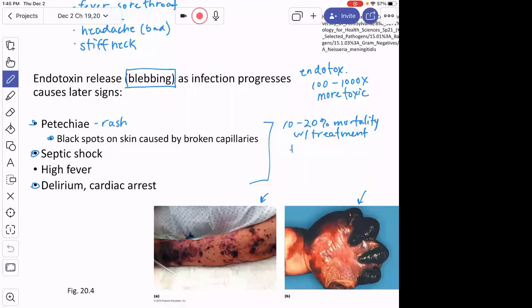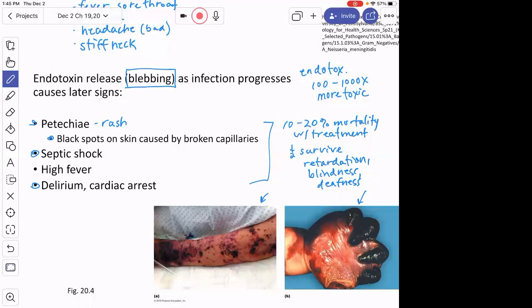And about half of patients that survive are going to be left with some kind of permanent disability: mental retardation, blindness, deafness, perhaps loss of limb. Okay, so it's a pretty scary disease. We definitely try to prevent this from happening rather than treat it.